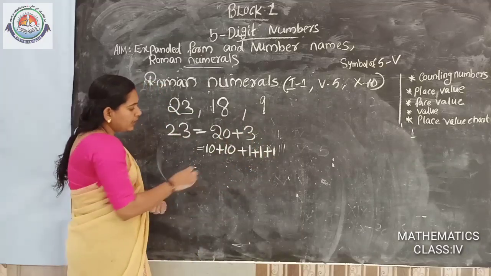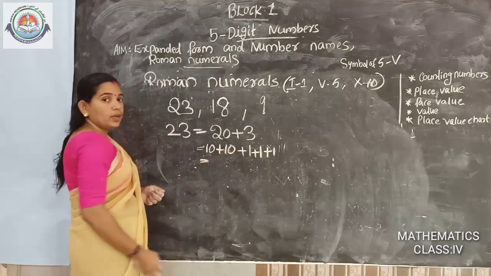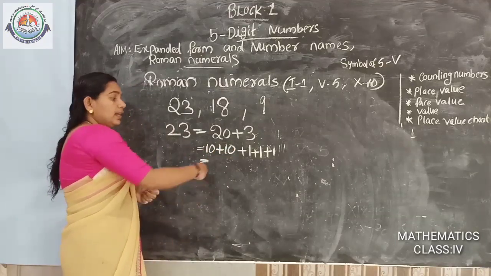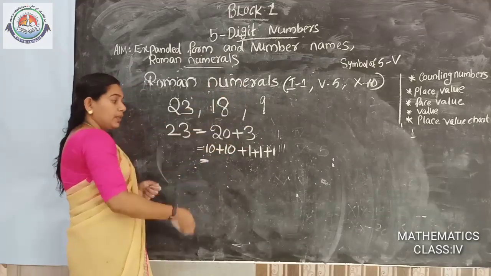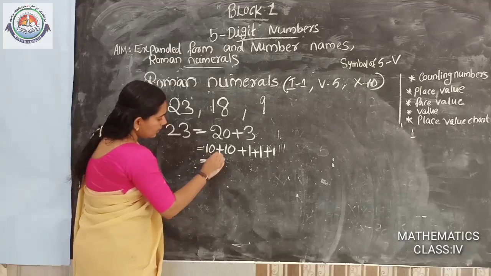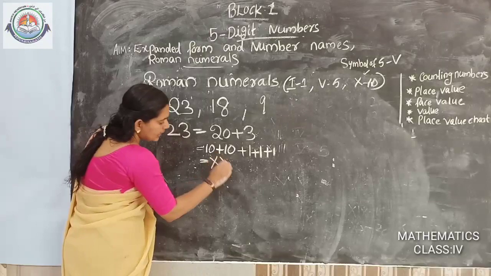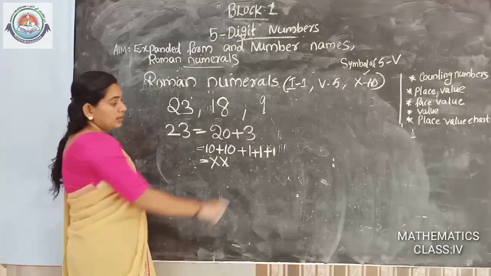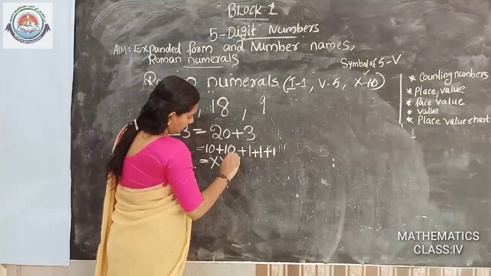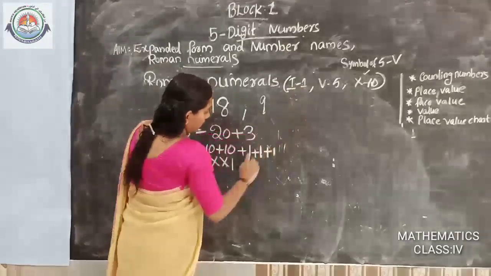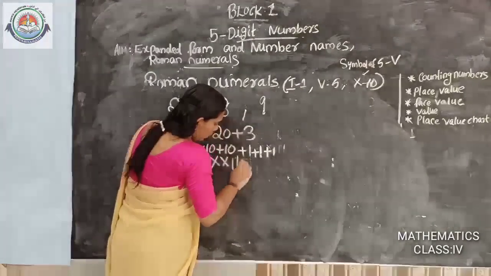So what is the symbol of 10? Here all are addition, so we'll write the same way. What is the symbol of 10? This. Then again 3: 1, 1, 1.